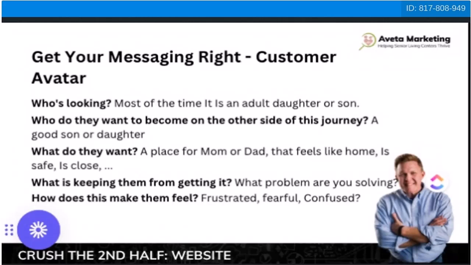There's no one big problem, but what you are providing is quality senior care, right? Many times what's keeping them from getting that is they don't have the knowledge. Folks who are just entering this journey don't know much about assisted living. They're really coming in raw.